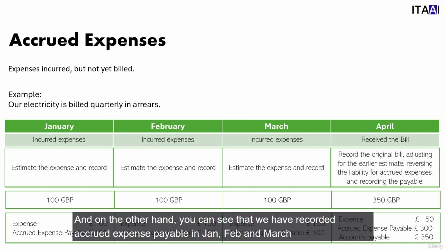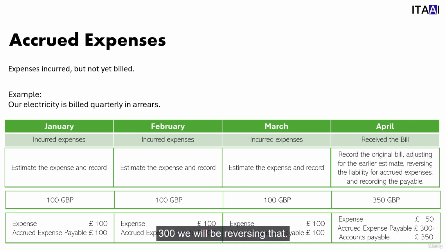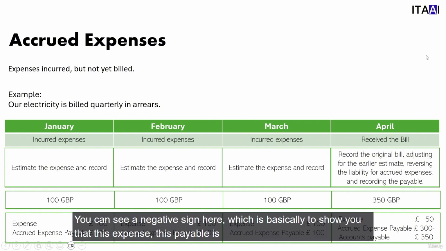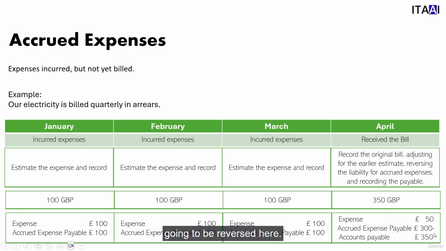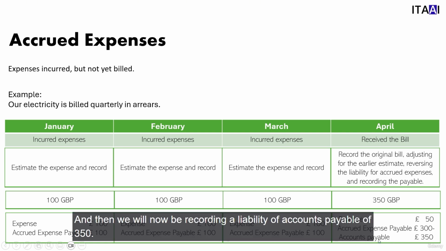On the other hand, you can see that we have recorded accrued expense payable in Jan, Feb, and March, combined 300. We will be reversing that. You can see a negative sign here, which basically shows that this payable is going to be reversed. And then we will record a liability of accounts payable of 350.